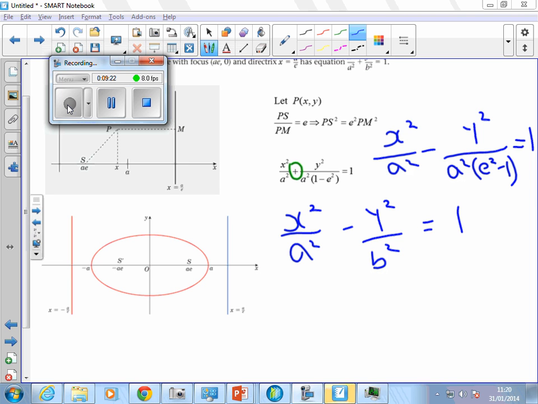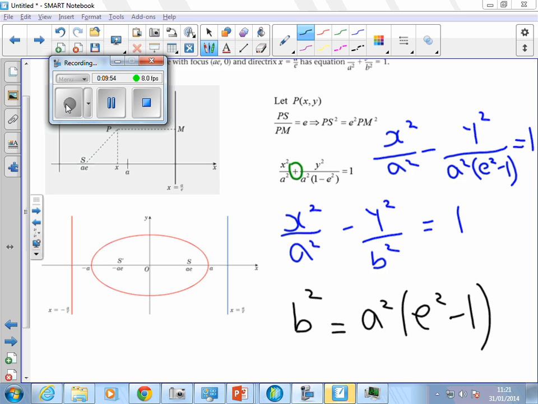And therefore, given a hyperbola, how can I relate A, B, and E? I can now have my second property, which is that B squared has to equal A squared bracket E squared minus 1, given that E is greater than 1.